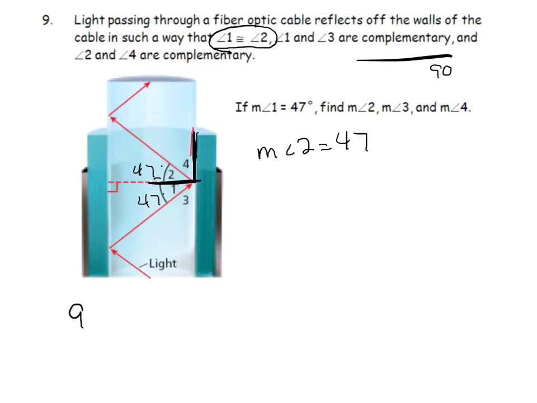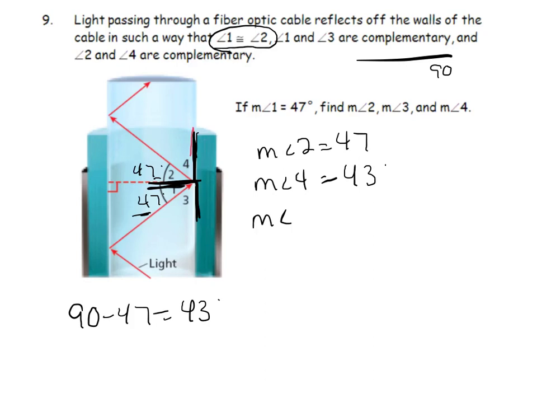You would take 90, subtract the part that you know, and you would get the part that you want, which is 43 degrees. So that makes the measure of angle 4 43 degrees. Likewise, the other way, angle 1 and 3 are also complementary. Since this is 47 as well, that makes the measure of angle 3 43 degrees as well.